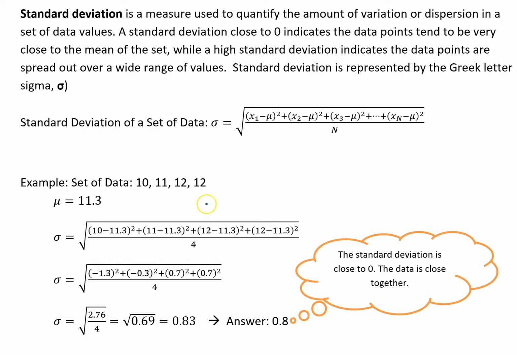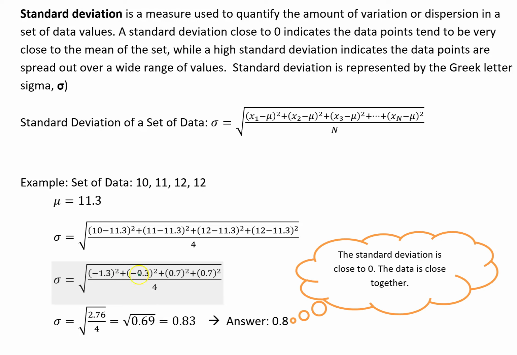My third data value is a 12. 12 minus the mean gives me 0.7 that I will square, and likewise the fourth data value was a 12, so we subtract the mean and square it. Since all of these values are squared, anything that had a negative result will become positive.